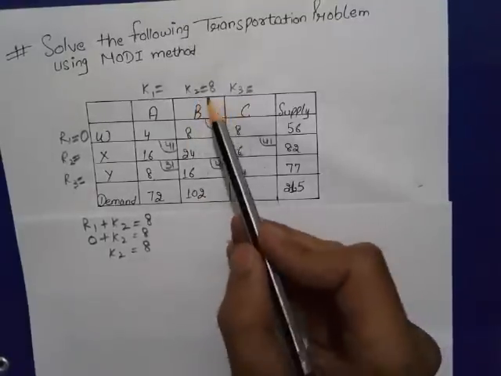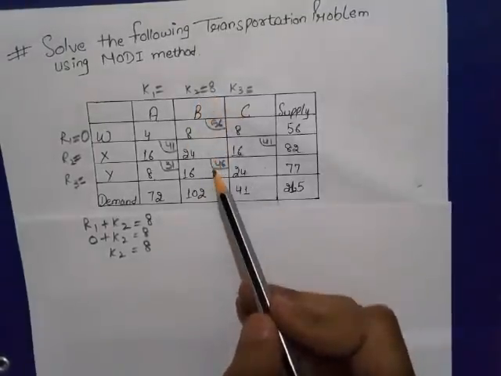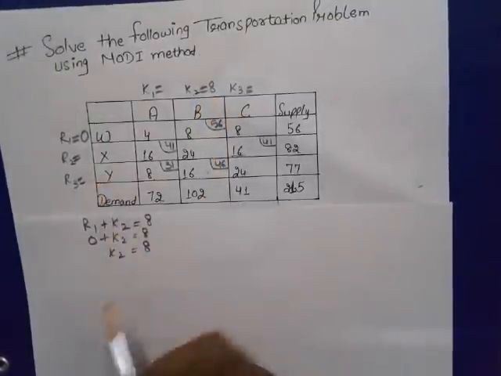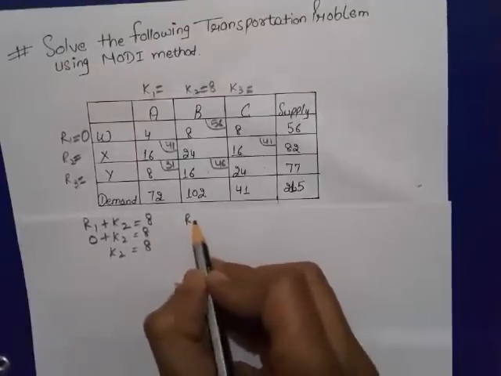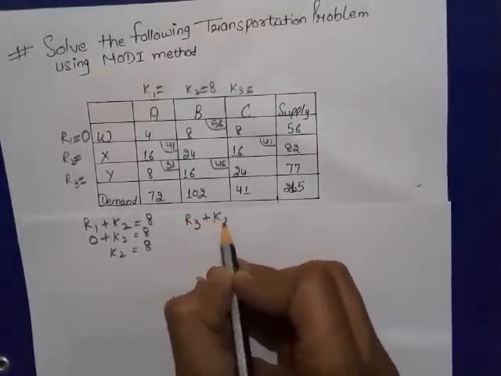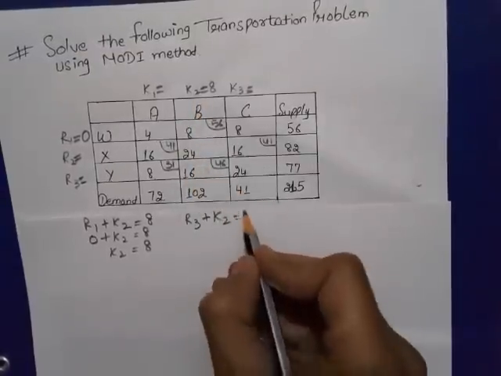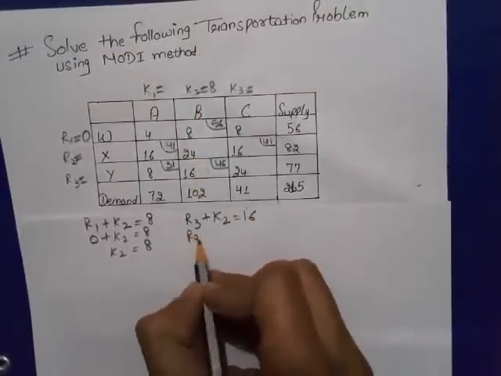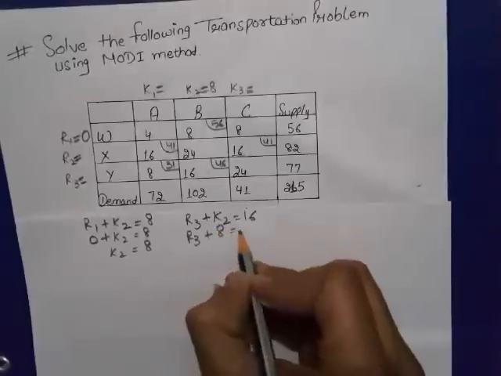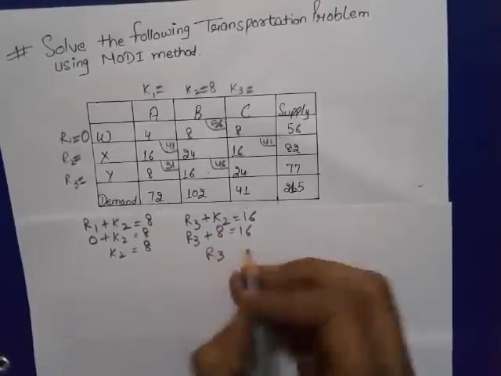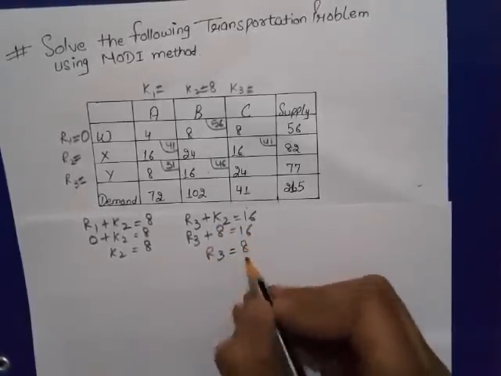After this, with the help of K2 we are able to find R3. So R3 plus K2 is 16. R3 is unknown and K2 is 8. The value of R3 is 8.